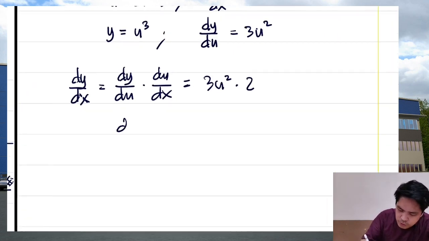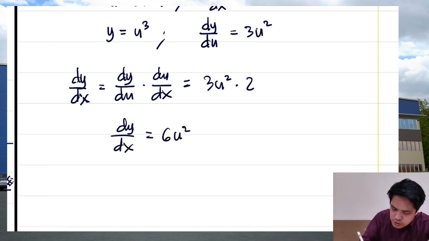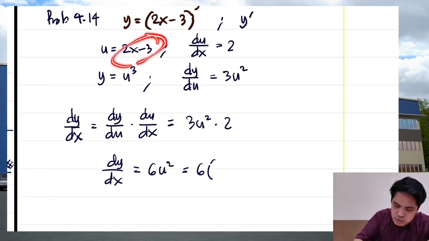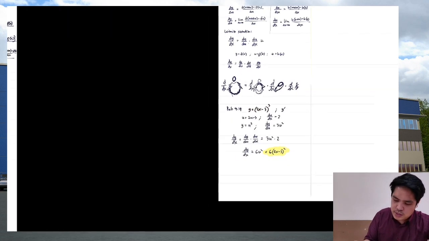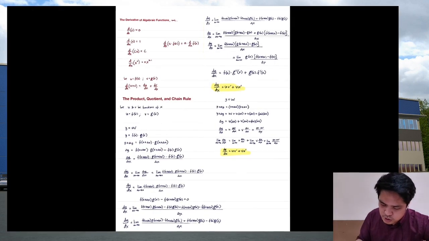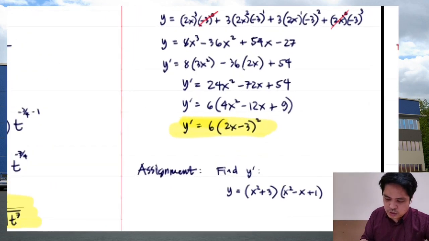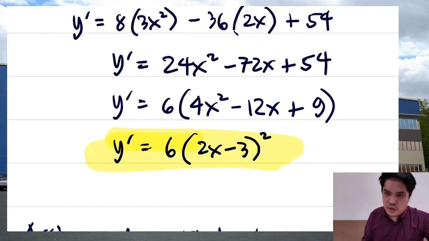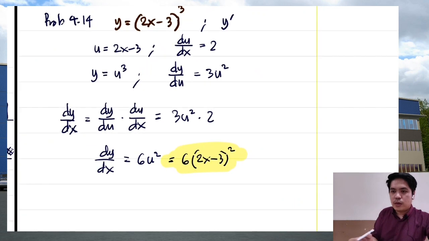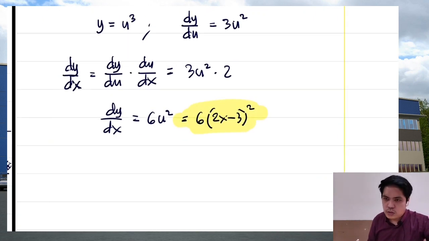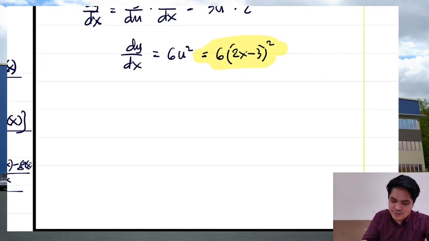Okay, so therefore dy over dx is equal to 6u squared, which is equal to 6 times, we know that u is 2x minus 3, so 2x minus 3 squared. So that is our answer. So if you notice, that is the same as our answer in our previous solution, 6 times 2x minus 3 squared. Okay, so that is how we use the chain rule. The derivative of the mother times the derivative of the baby.